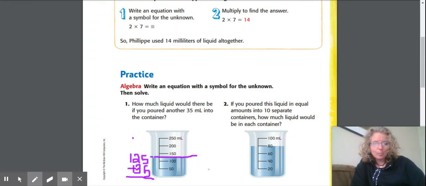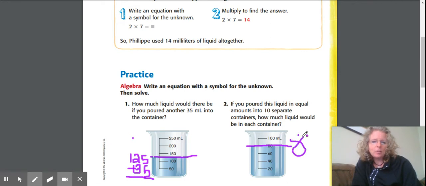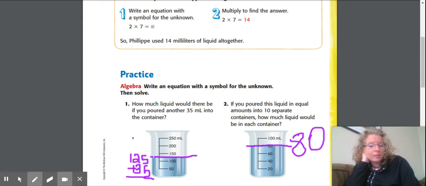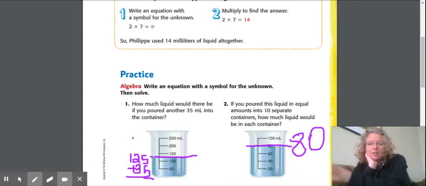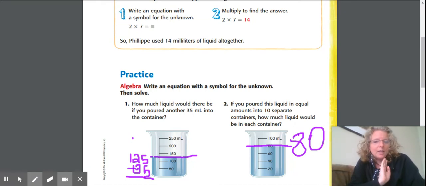Now, last example. First, you want to read the beaker, and we're like, okay, that looks like it's at the what? 80. So that's the number we're dealing with as far as the liquid, 80 milliliters. If you pour this liquid in equal amounts, so we're either going to be multiplying or dividing, into 10 separate containers, how much liquid would be in each container?